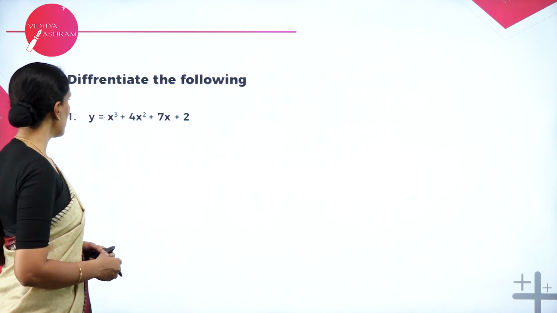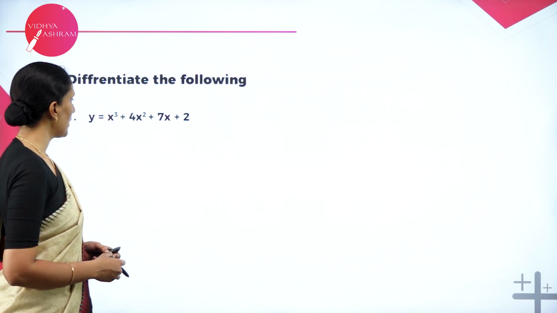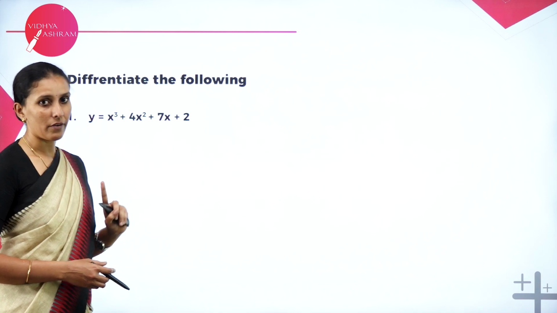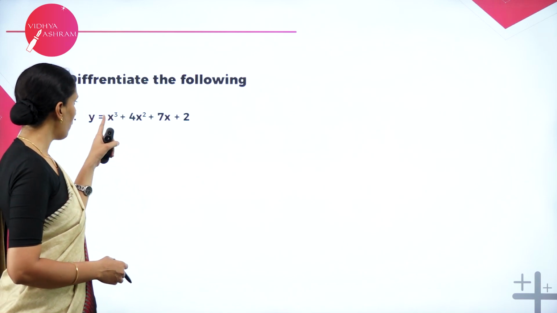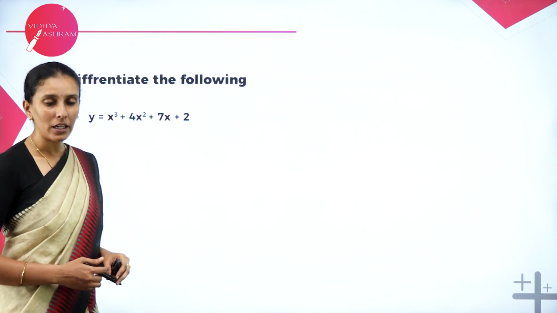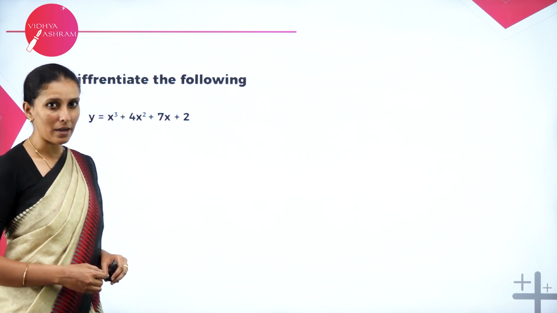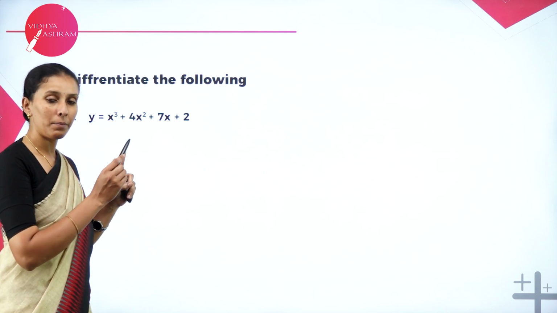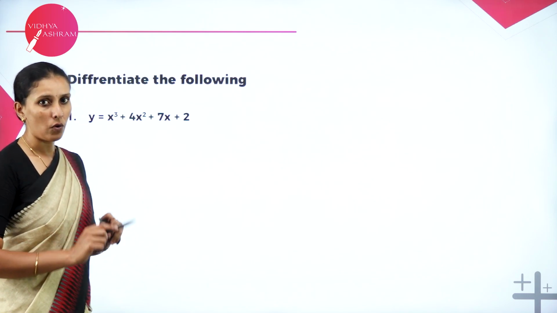Hence, we are supposed to find the derivative of the following function. So first question is, y is equal to x cube plus 4x square plus 7x plus 2. So derivative of any constant function is 0 and derivative of x power n can be written in the form of n into x to the power n minus 1. And if you have a constant along with the function, we need to keep constant separately and derive only the function.